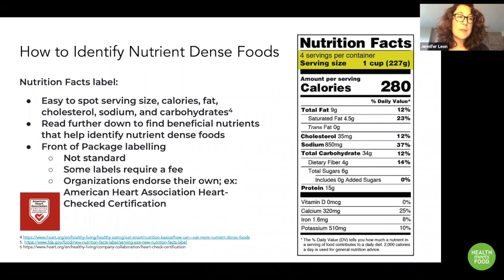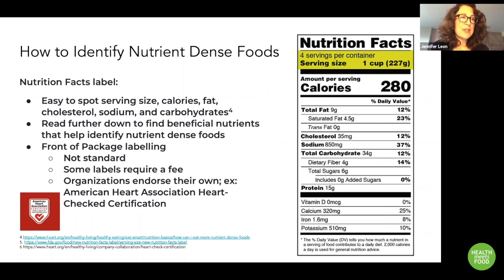For women, we're supposed to limit to about 6 teaspoons per day, which translates to 24 grams and about 100 calories. For men, we're supposed to limit to about 9 teaspoons per day, which is 36 grams and about 150 calories per day of added sugars. So no, we're not talking about the sugar that's in a peach. We're talking about the sugar that's added to your can of soda.